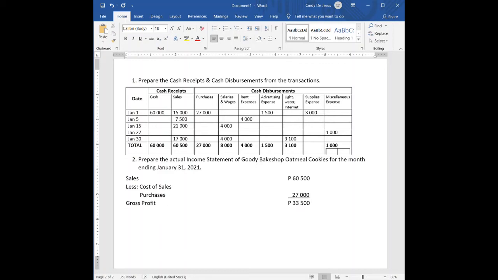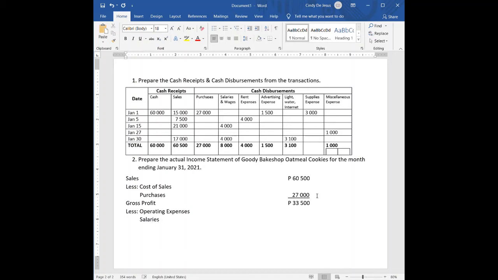Okay? Then after that, you don't stop there. You still need to deduct the operating expenses. These are the rest of the expenses in the cash disbursement aside from purchasing raw materials.